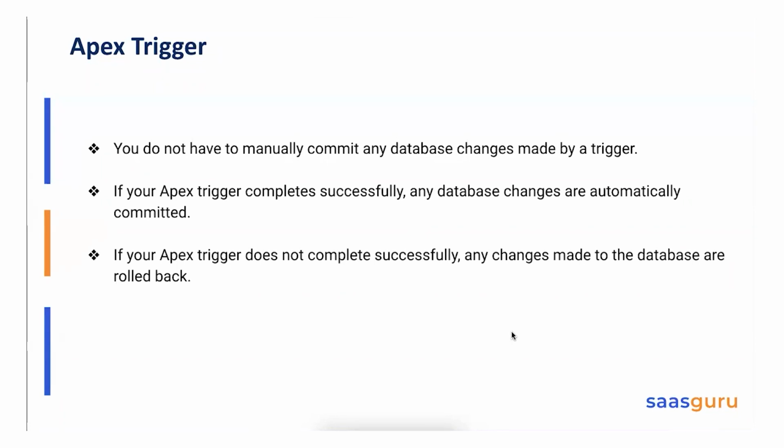If a trigger is not completed successfully, my previous changes will not be committed to the database and will be rolled back. So the message here is that we should have proper exception handling.